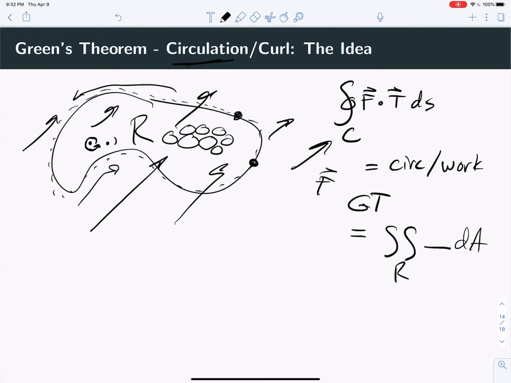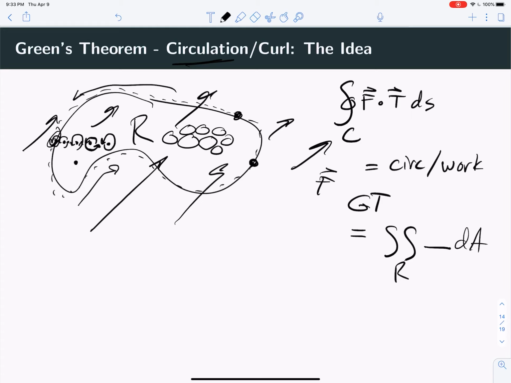Then we go to the next point, and we add up how much circulation is happening there. And you'll notice that right at that point there, you get some cancellation. Here it comes around, and there it's going up, and here it's going down. So you get cancellation. But on the boundary, it doesn't cancel out on the outside.